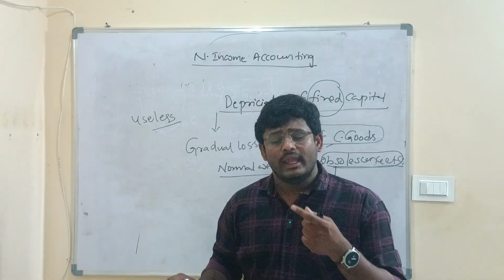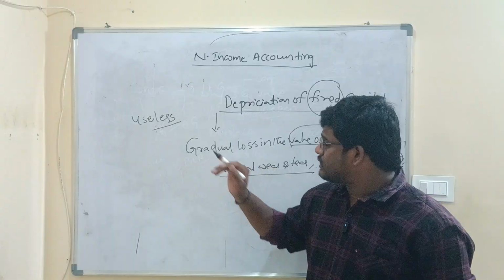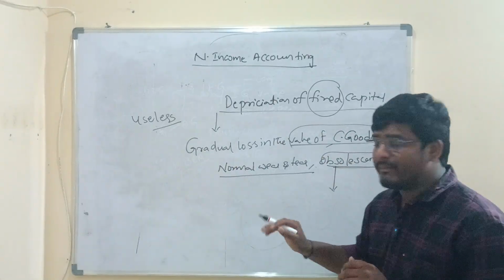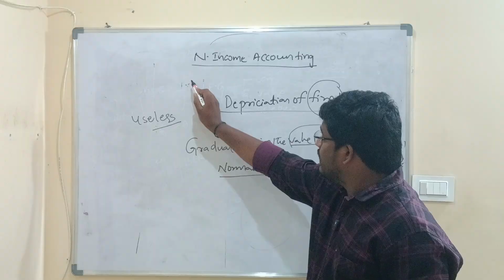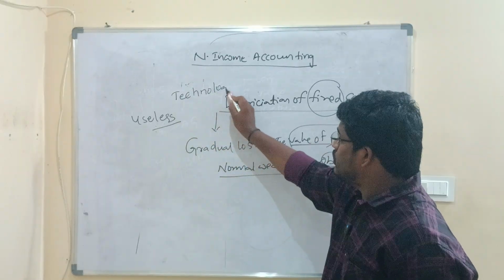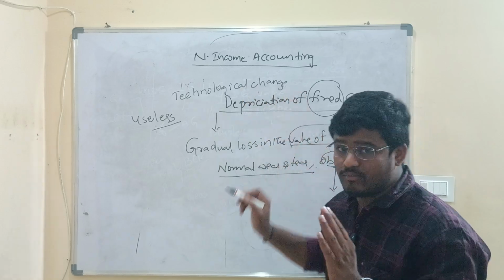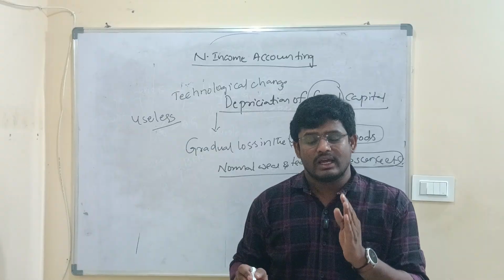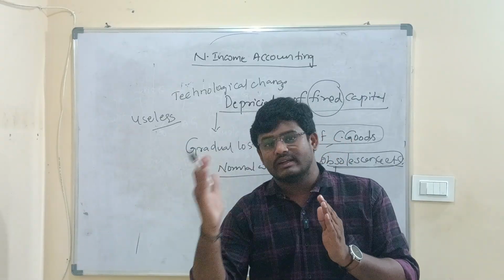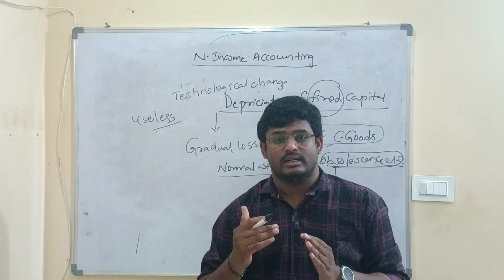Why does the capital good become useless over a period of time? One of the major reasons is technological change. For example, most cars are now running on diesel. After 10 years we can say the diesel cars are obsolete.